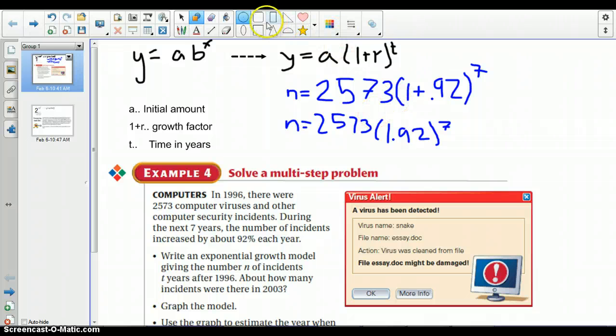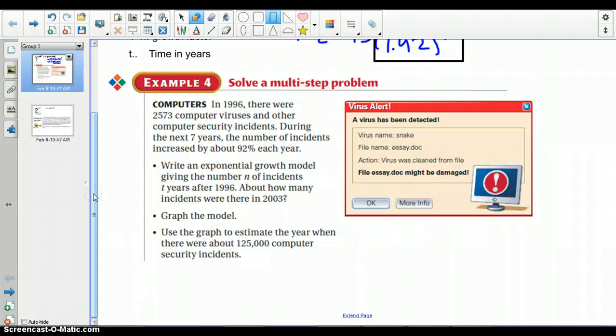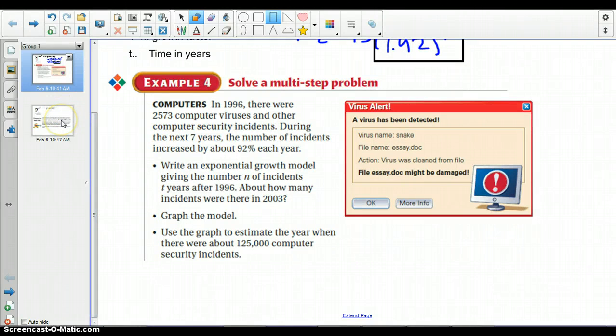That's just the basic laws of PEMDAS, if you remember PEMDAS. So take care of this part first. Once you raise 1.92 to the 7th, then multiply it by 2,573, and you're going to get the end amount of viruses in 2003. Graph the model. We're not going to worry about graphing the model, so let's go on to the next problem.